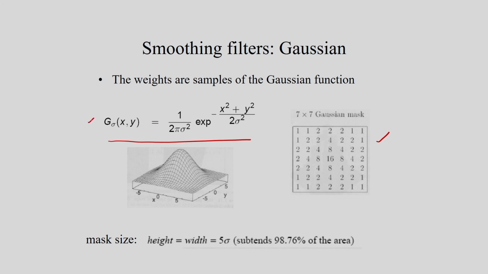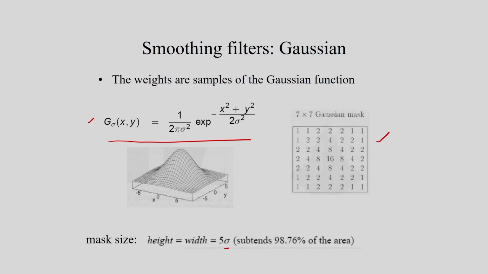So I have the Gaussian function. Only I have to put the value of x and y, so that I will get the weights of the mask. And in this case, the mask size depends on the sigma, because if I consider height equal to width equal to 5 sigma, then the area will be 98.76% of the area it will cover.